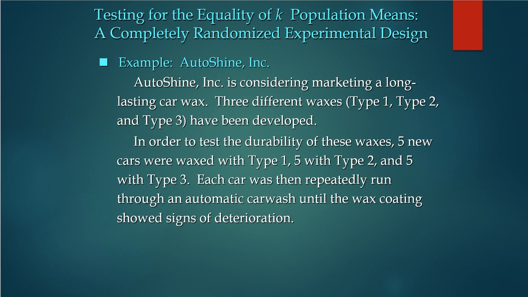I think it's best to work an example problem here. This is going back to the wax. Auto Shine is marketing a long-lasting car wax. Three different types of waxes, 1, 2, and 3, have been developed. In order to test the durability of the waxes, 5 new cars are going to be sent through the car wash, and we're going to figure out when the wax starts showing signs of deteriorating.